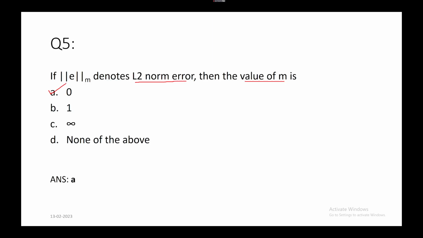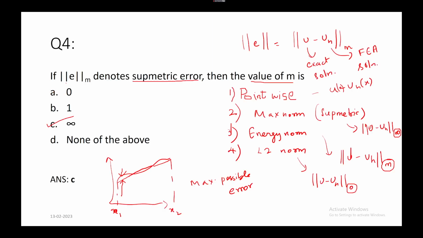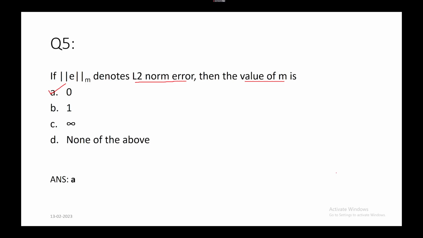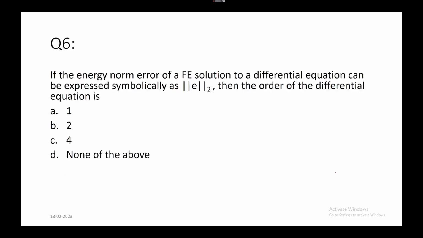Yes, you're right. So if we just went to the last question, we had seen for different norms what is the subscript. Okay. So next question. If the energy norm of a FE solution to a differential equation can be expressed symbolically as the double modulus of E with subscript 2, then what is the order of the differential equation?